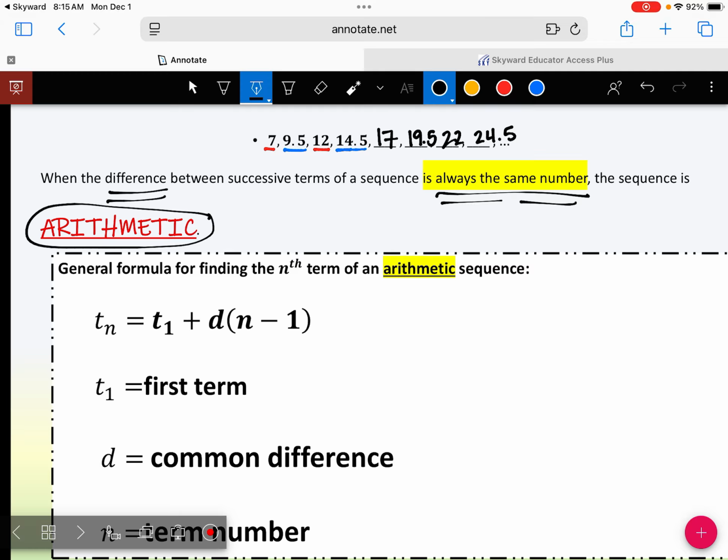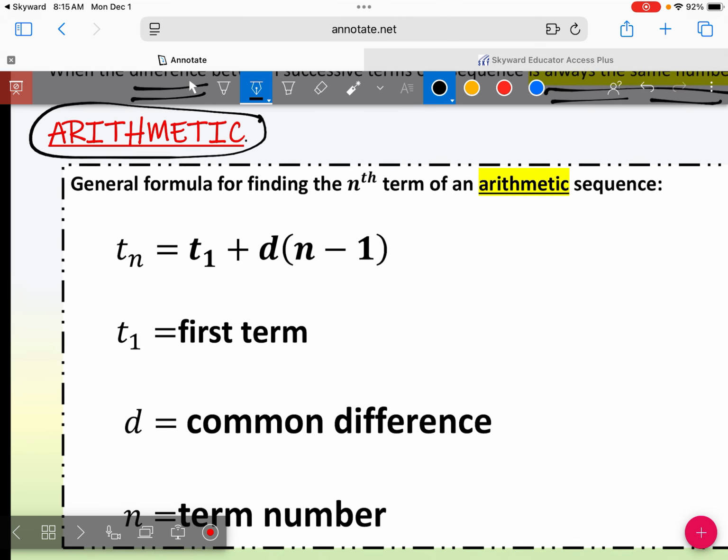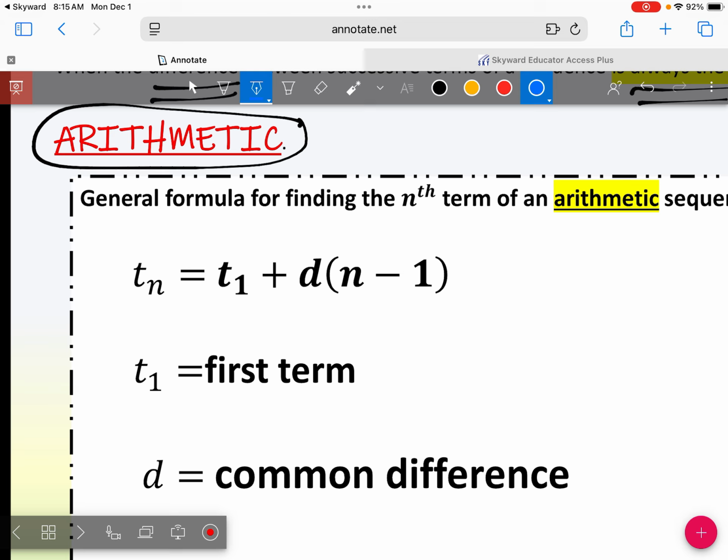All right, so here are the formulas that we need to know for this type of sequence. First of all, this is how you're going to write a rule. Whenever you see T sub n, that means I want the rule. Whenever you're writing the rule, we need to know T1, and T1 is the first term.